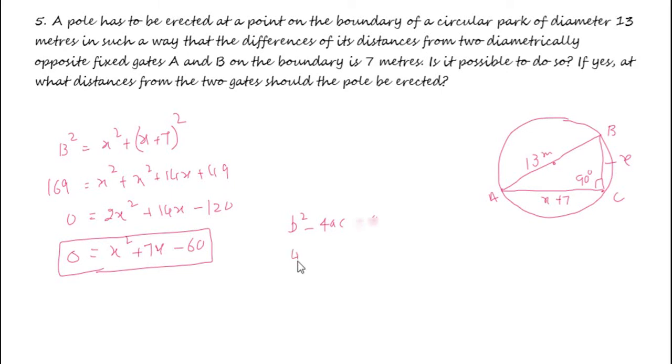B square is 49 minus 4 into a is 1 and c is minus 60. 49 plus 240. So this is 289. B square minus 4ac is greater than 0. So you are going to have two distinct roots.